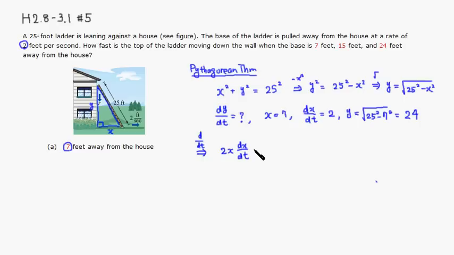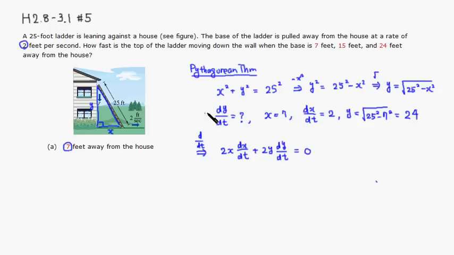Plus the derivative of y squared is 2y, but again with respect to t, so times dy over dt, is equal to, 25 squared is a constant, so its derivative is 0.